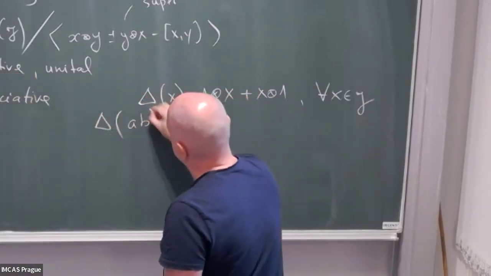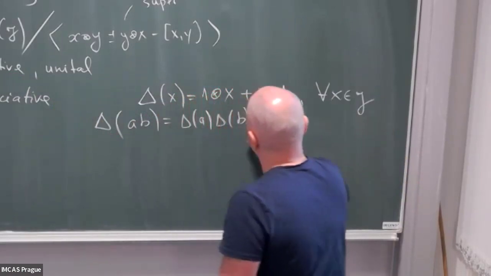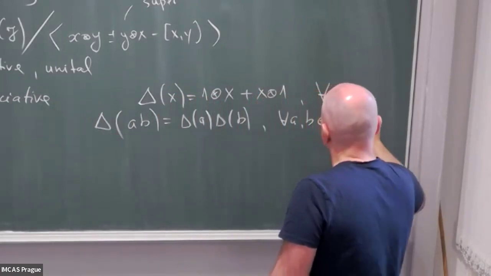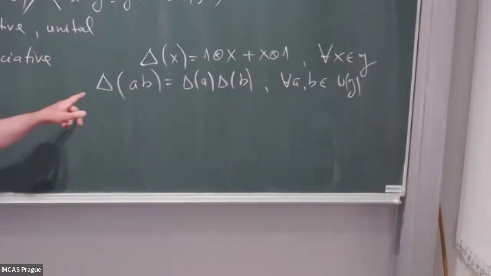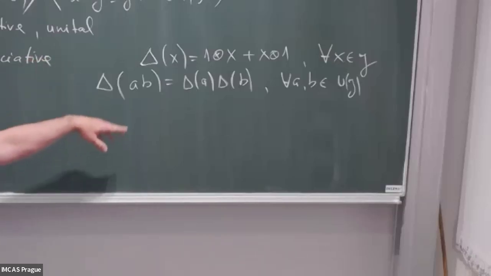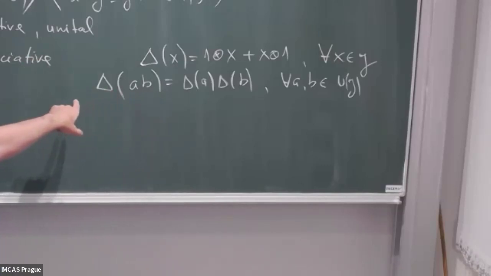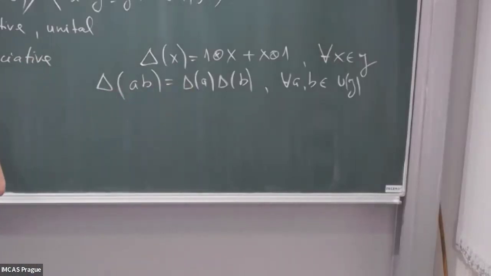So delta(AB) equals delta(A) times delta(B) for every A, B in U(g). And here there is also a natural co-unit, which is just a projection to the zero term. This co-multiplication is indeed co-associative, but it's also co-commutative.